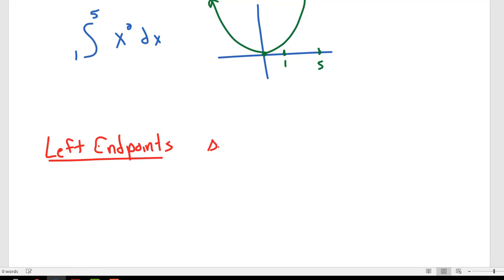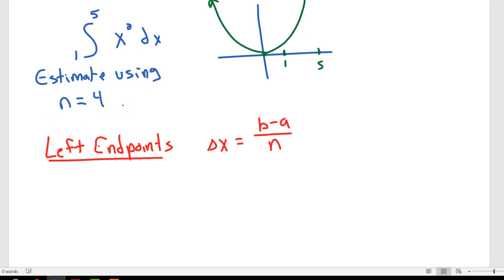Remember, we would say the length of the interval divided by the number of rectangles that we want. Let's say we want to estimate this integral using n equals 4 subintervals. This is usually the terminology used in every calculus book, right?